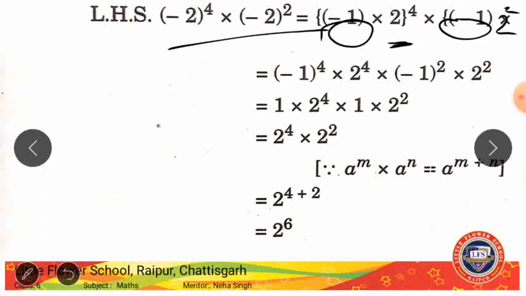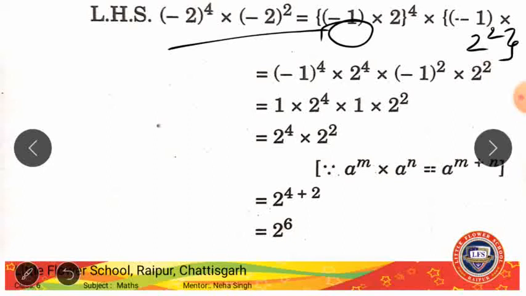So minus 1 power 4 it will be, right? And 2 power 4 minus 1 power 2 into 2 power 2. So here one step is missing. It will be 2 power 2 and curly brace. So now minus 1 is having even power, so it will be 1.